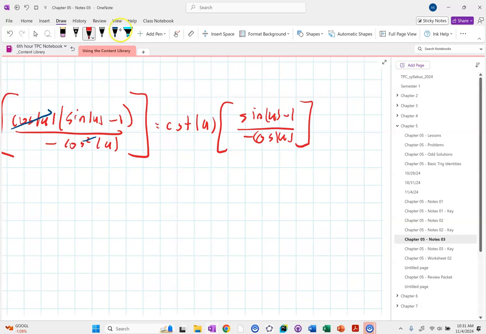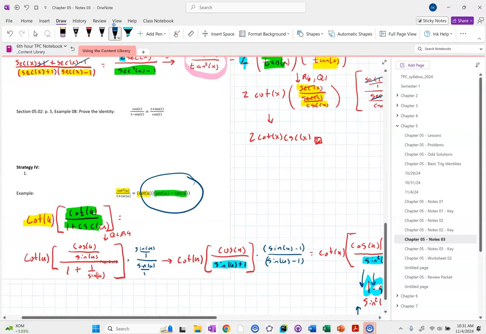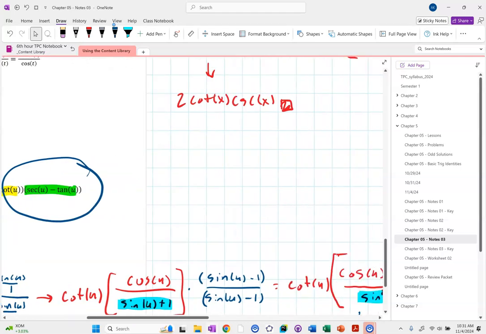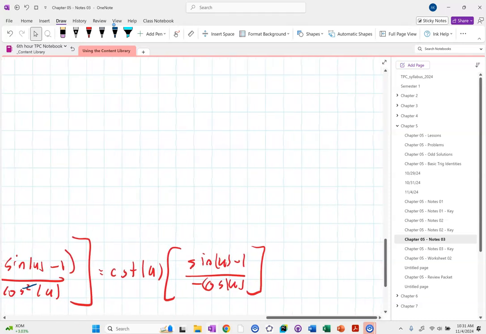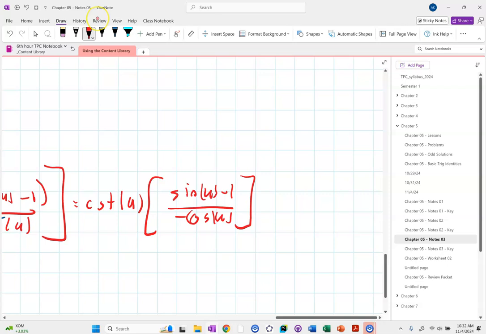Now let's take a moment and go back and look at what we're trying to get to. We have the cotangent already out front. We need secant minus tangent, right? So here, that's two things. Right now we have a fraction, that's one thing, right?